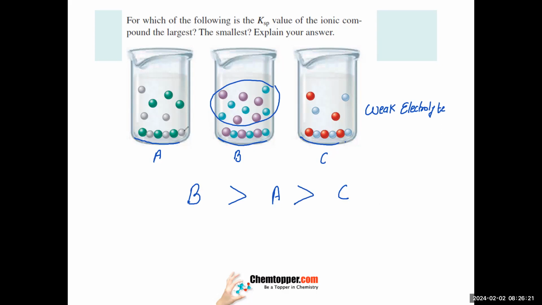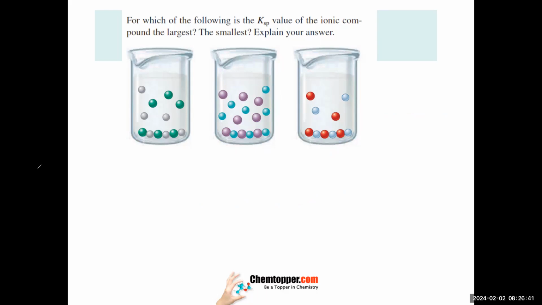B is giving you the maximum amount of ions in the water, A is giving you less, and C is giving even lesser. This is one way that they have given you the picture, and from the picture you can see more ions in the solution and easily compare their solubility.